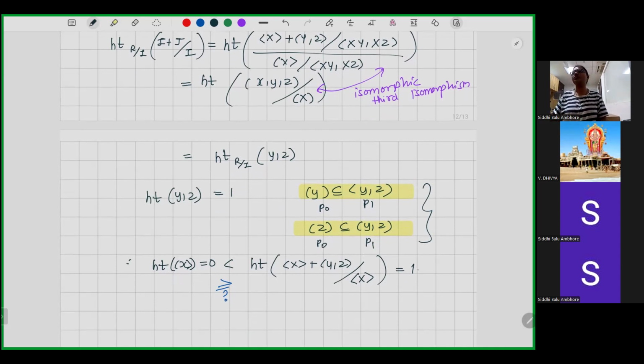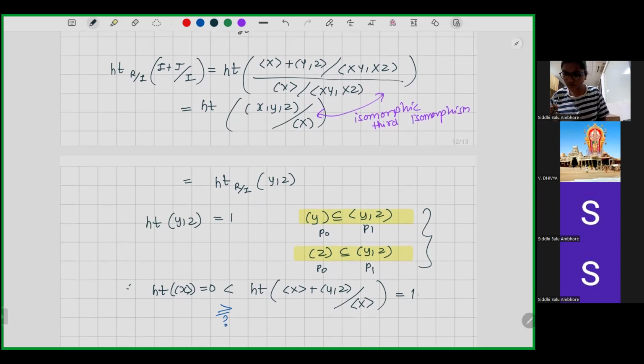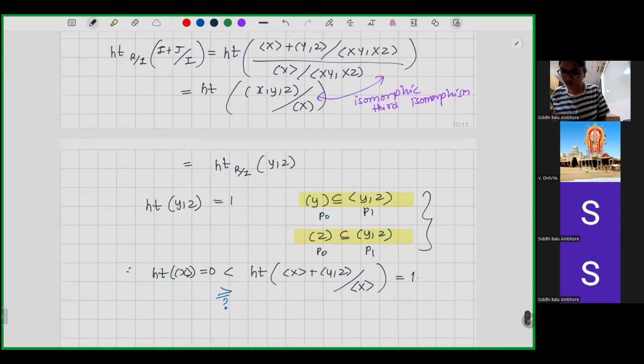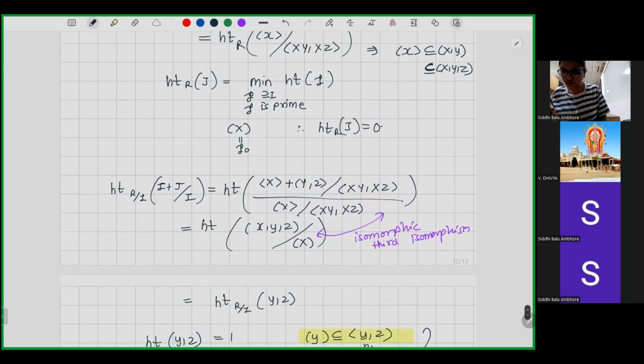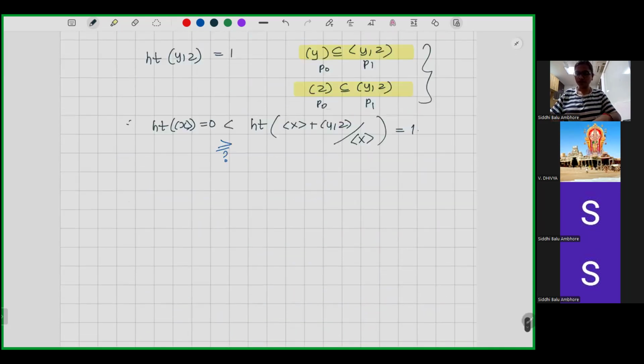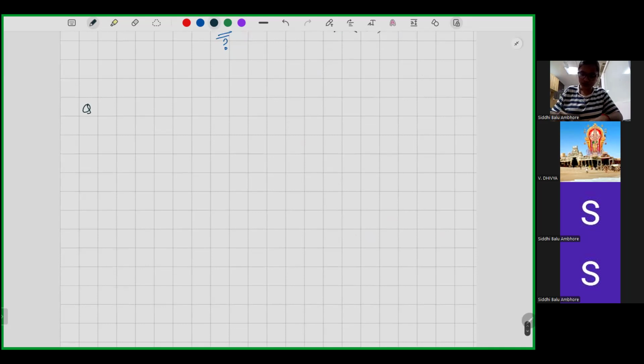Height is 1 of this ideal. Yes, I hope this is okay. So let us move to the next question.